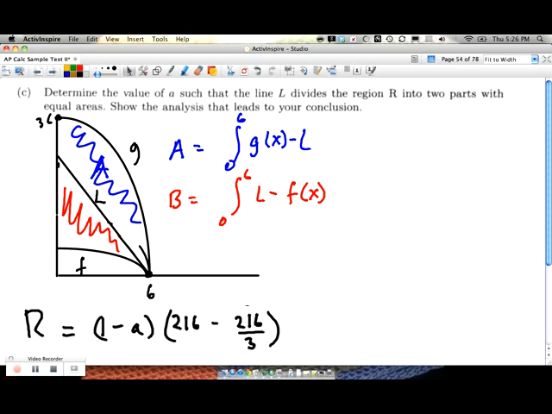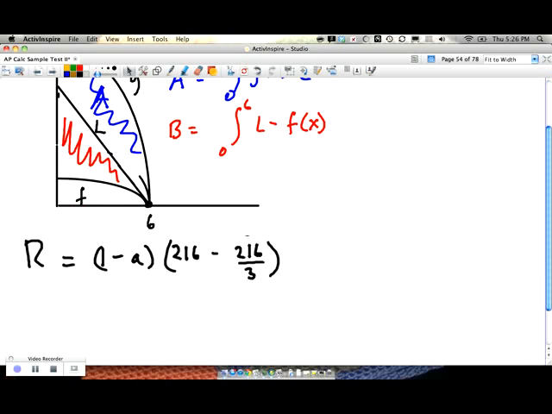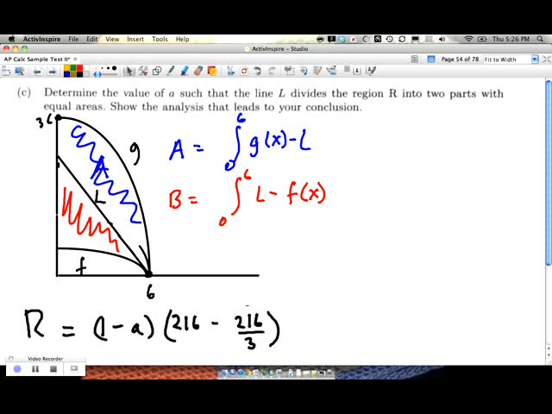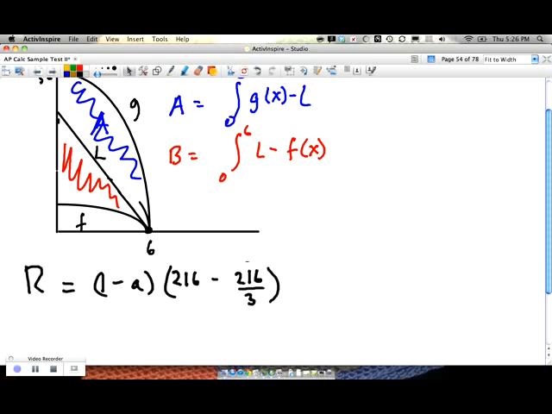Then what you want to be thinking about is we want to split that in half. Well, if we just want to split this in half, let's just take the whole thing and multiply by 1/2. That's it. So half of the area equals the whole thing times a half.